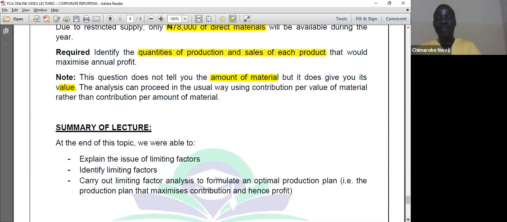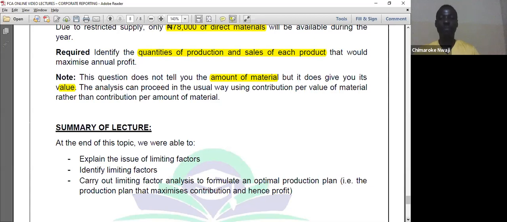You now divide by the scarce resource per unit to get the number of units that will be made, that will be scaled down to. That is limiting factor. So you see, you have something limiting your providing these goods and services to your customers. That is limiting you.